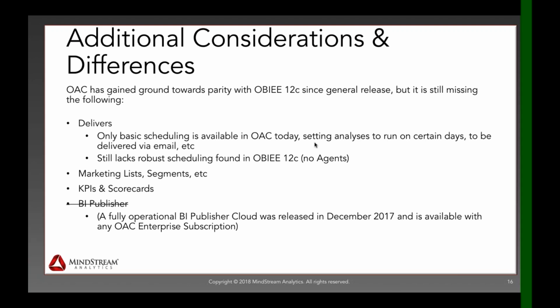So you can have annotations and text and narrative type aspects to a report, or you can even use it to generate really printable visualizations or reports, or even documents. Some folks even use it to generate statements and invoices, which is an aspect of reporting that OAC was missing until that showed up.